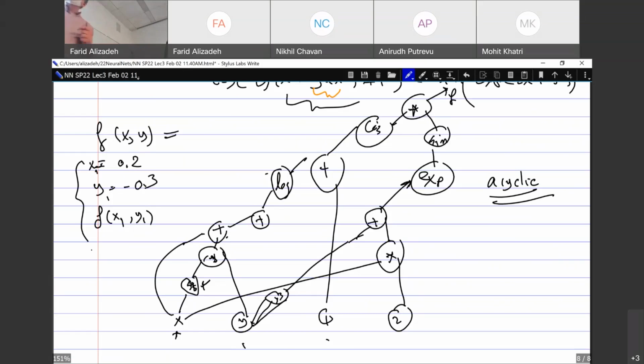Okay, so you have a bunch of input nodes. Those are the initial variables or a bunch of constants. You have a bunch of outputs. Those are the final Fs that you are trying to calculate. And in between all the messy operations, some parts are shared, some parts are not shared. There has to be a clever algorithm.